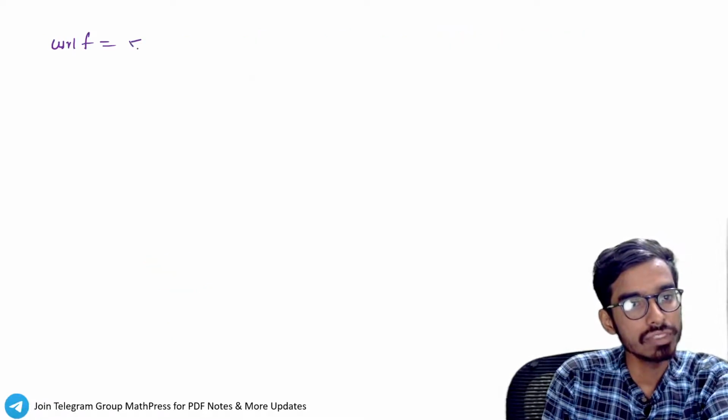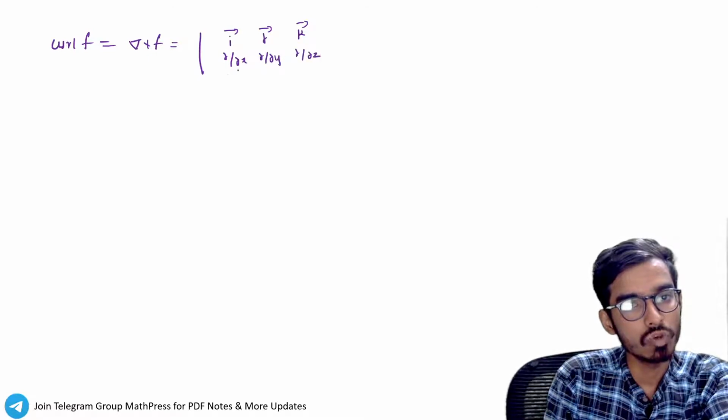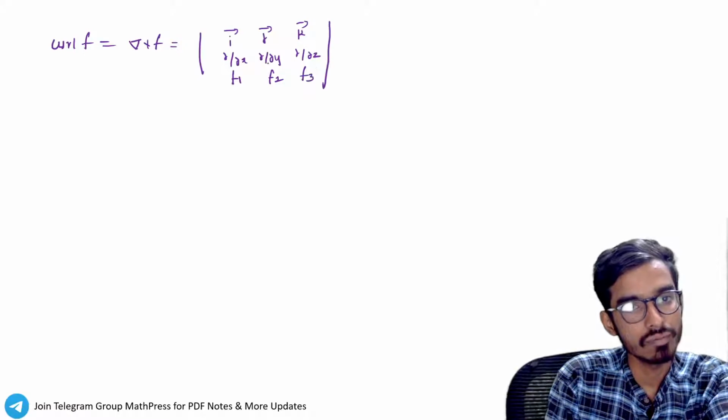So curl of f is del cross f. This is nothing but the i vector, j vector, k vector, ∂/∂x, ∂/∂y, ∂/∂z, f1, f2, f3.